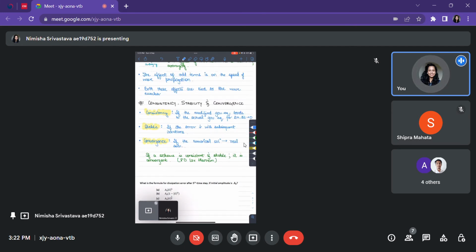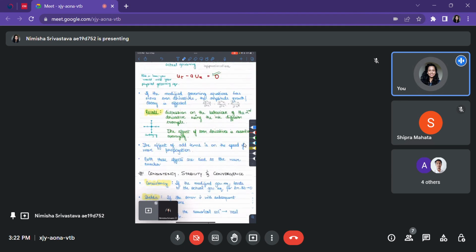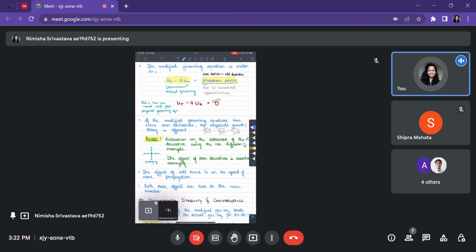Then there is another point: whenever we are applying a numerical scheme on a particular governing equation, you can't apply every scheme over every governing equation. Why is that? It's because we are going to add some truncation error that we saw over here, right? Whatever this truncation error is, it should not drastically alter my governing equation such that I cannot get any meaningful result.